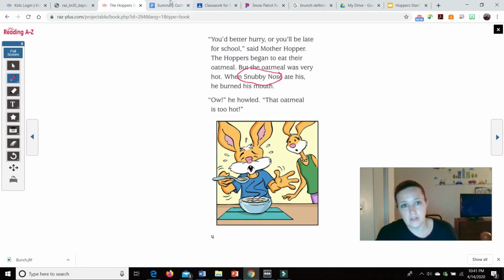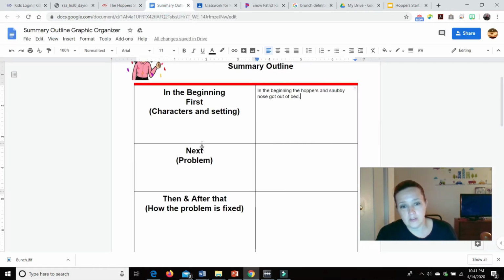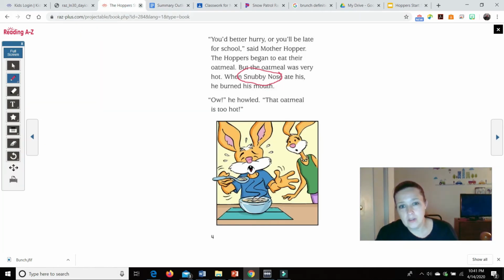So it looks like the next category is next, or the problem. What happens next in the story? Well, it looks like Snubby Nose is having some problems, doesn't it? Look at this. He ate oatmeal and it burned his mouth. So that's one thing. We could write that down.